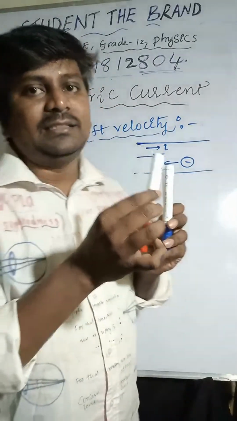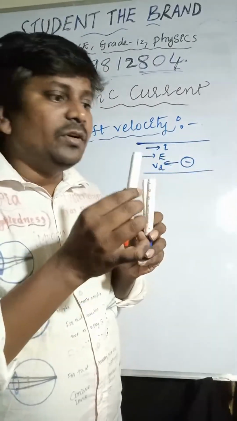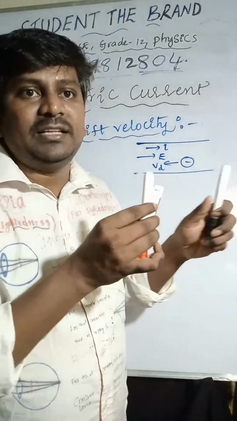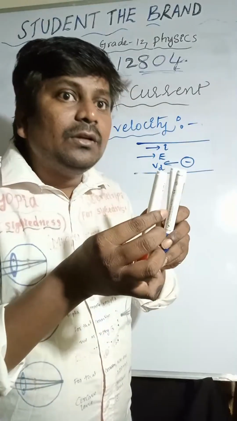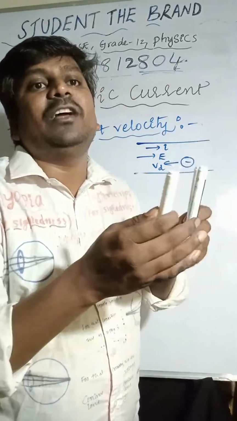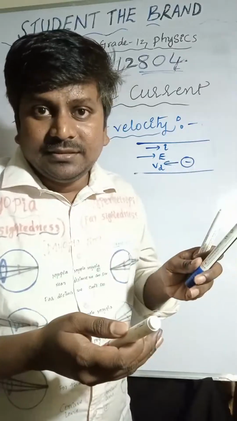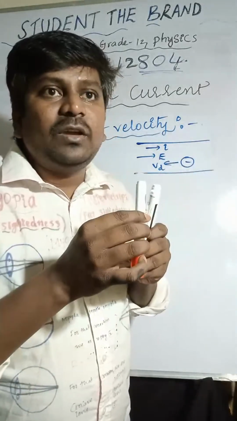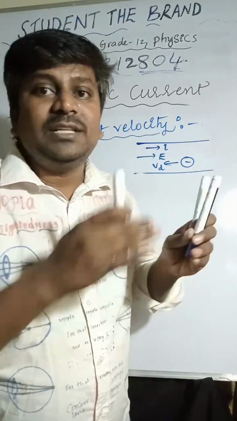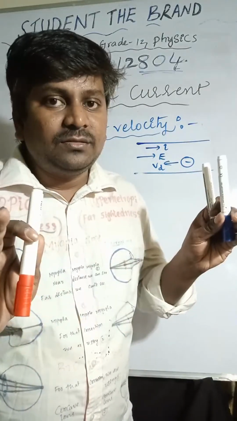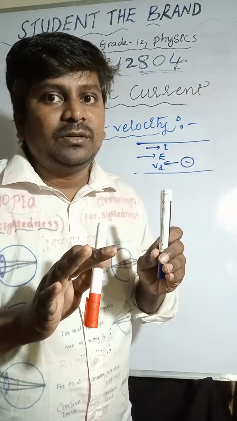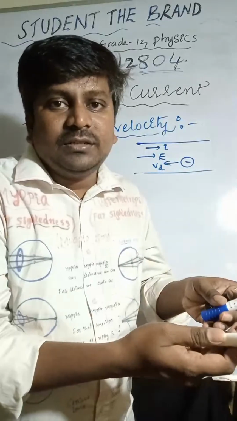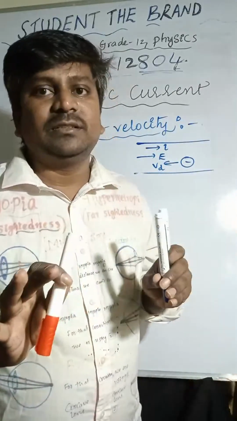Initially this has some velocity, and after collision it moves with some other velocity. So the velocity of the electrons changes after collision, right? Compared to the previous one, after collision the velocity will change.